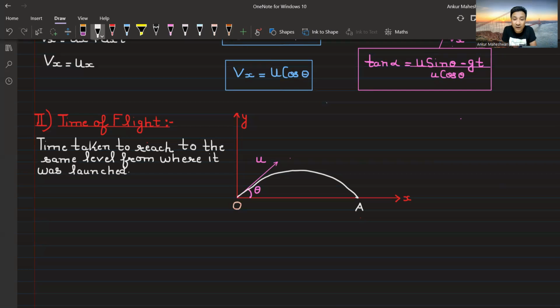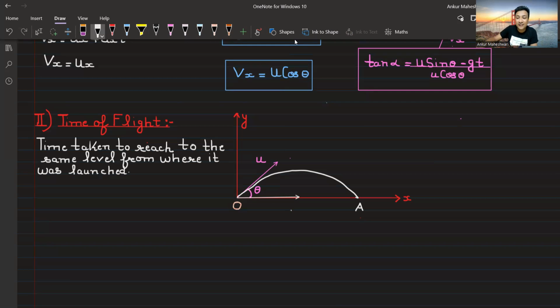Now I need to find the time taken to reach from O to A. Now see the total displacement. If you need to find the total displacement, it is along O to A. All right, O is my initial point and A is my final point.